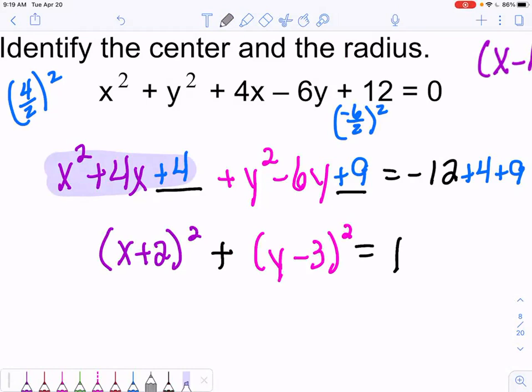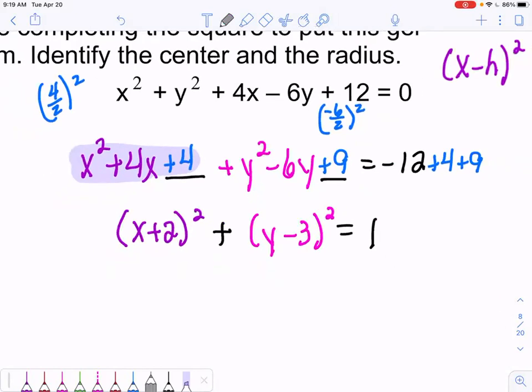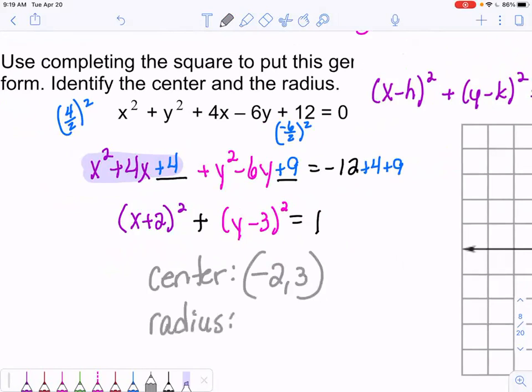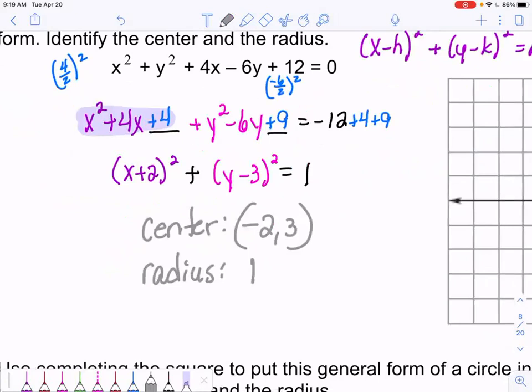We have x minus h quantity squared plus y minus k quantity squared equals r squared. Questions? So cool. What is the center and the radius of this circle? And the radius is just 1.